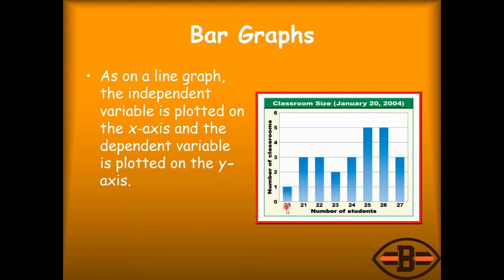You can see how many classrooms with 20 students? One. 21 students, three. 22 students, three. How many have 23? Two classrooms, and on and on. Again, the most important thing right here: independent variables and dependent variables.